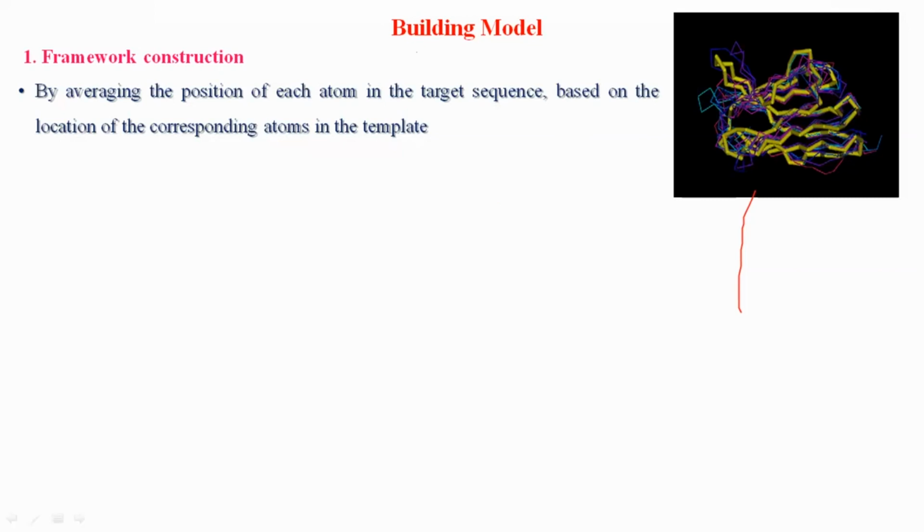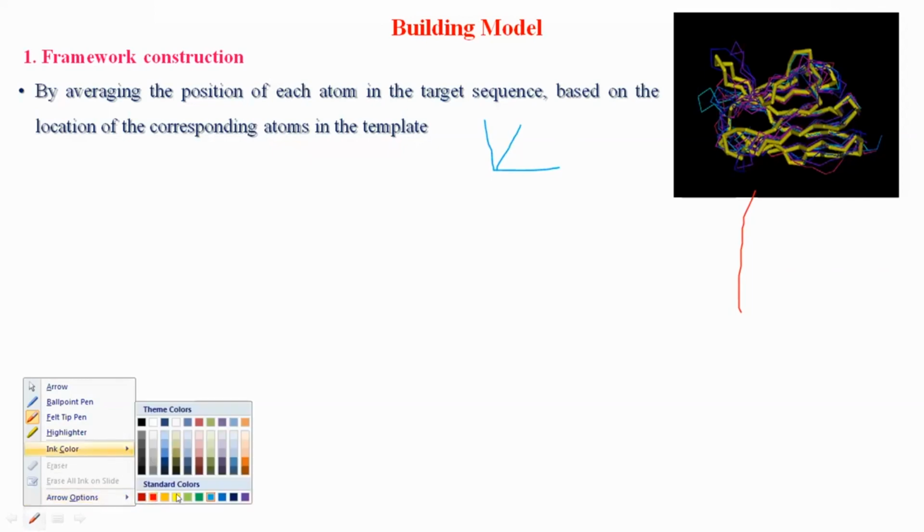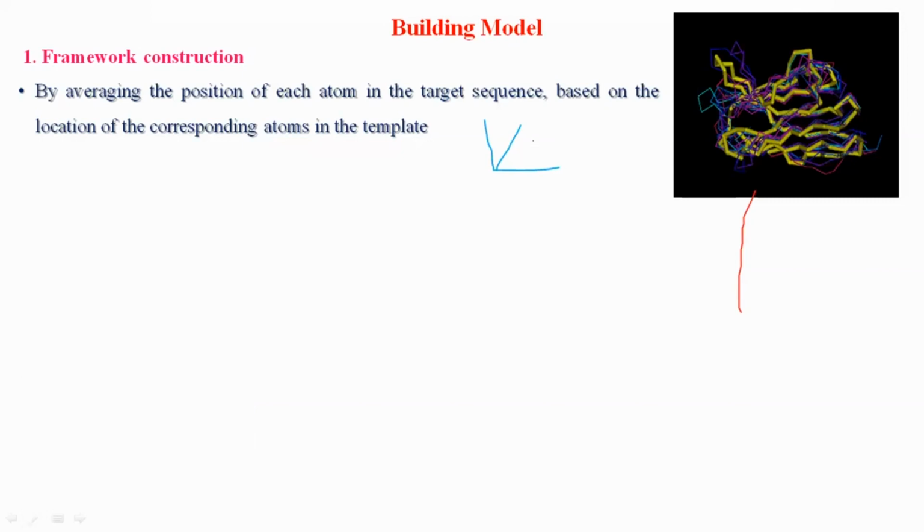For example, see X, Y, and Z coordinates, and this is for proline or let us say glycine. Glycine is the smallest amino acid, with more steric clashes. Let us consider this glycine, the carbon atom of the glycine. Here is the carbon, here is the nitrogen, and this is the alpha carbon.